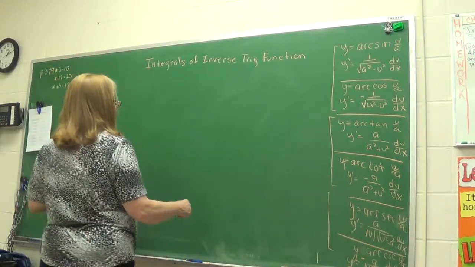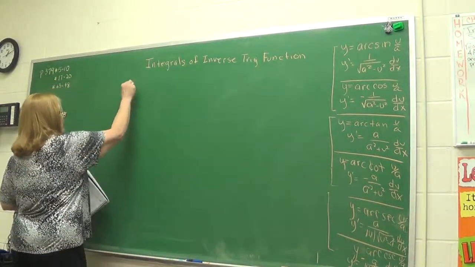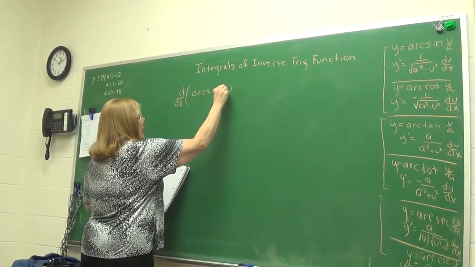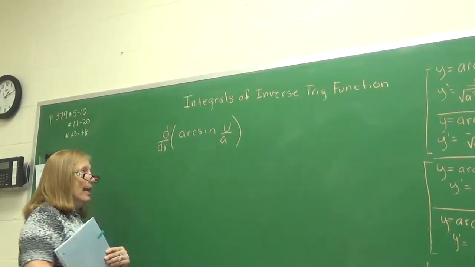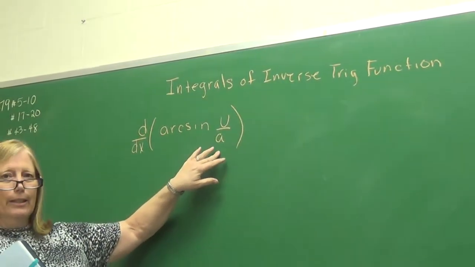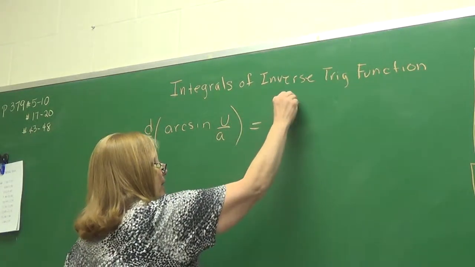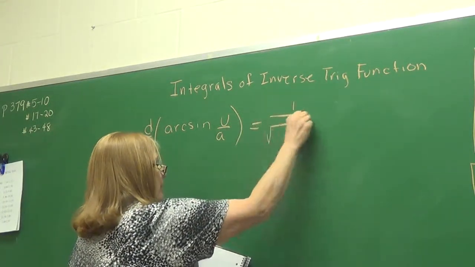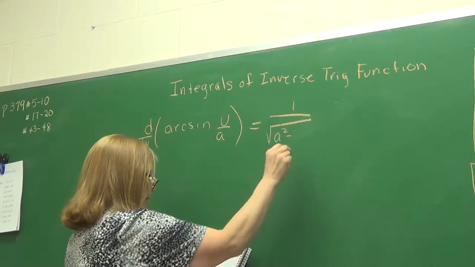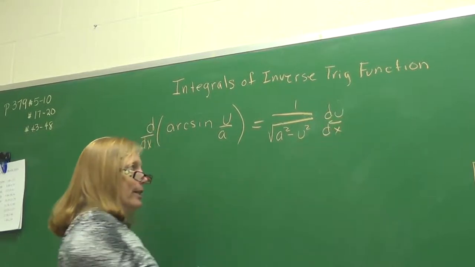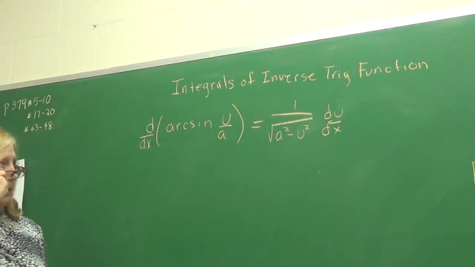All right, let's take the fact that the derivative, this doesn't have to go in your formula sheet until I say, the derivative of the arc sine of some expression in x, which I'll call u, over the constant a, and that's what we did on Friday, and it turned out to be 1 over the square root of a squared, which is a constant squared, minus u squared, followed using the chain rule by the derivative of that expression u.